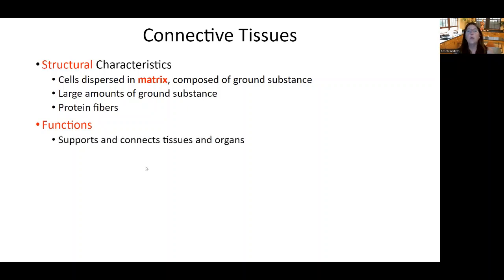Mainly to support the tissues that might be near them, and also connects the tissues and organs, kind of keeps everything held together. Provides a protective function, and also can transport materials. We're going to learn that blood is actually categorized as a connective tissue.